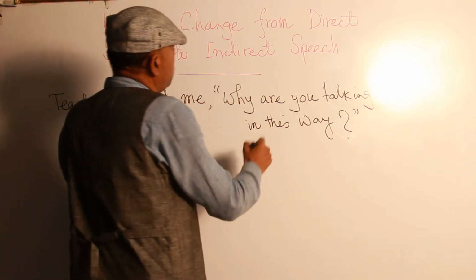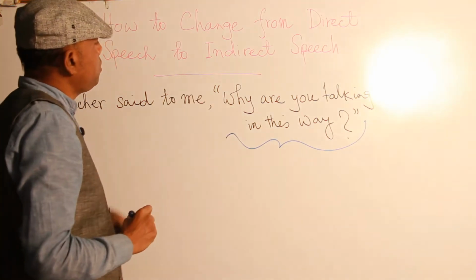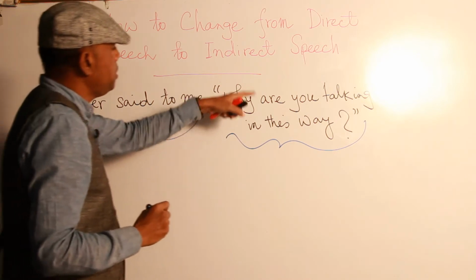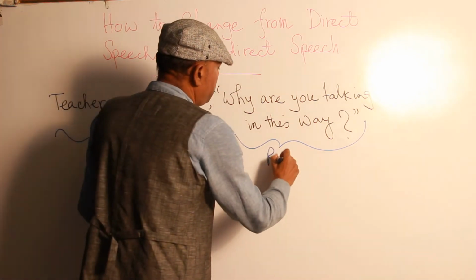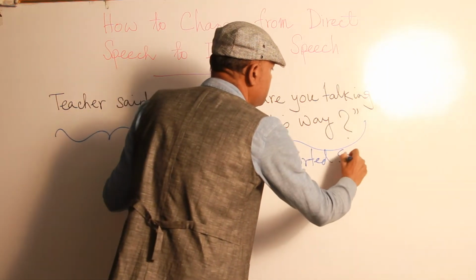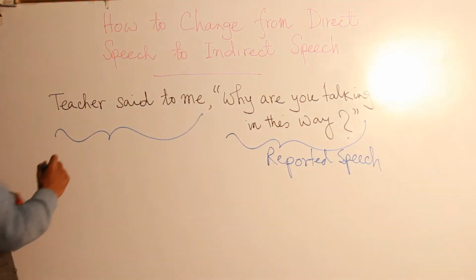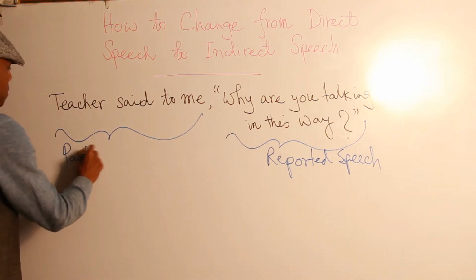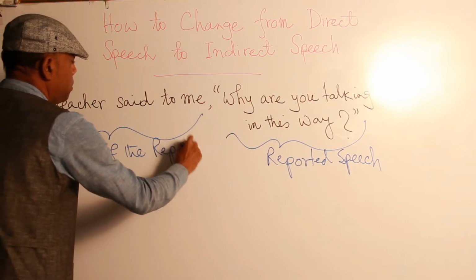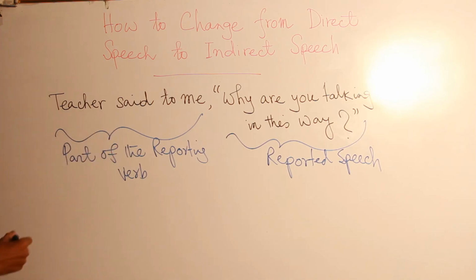One part is between the inverted commas, and the other part is outside the inverted commas. This part is called reported speech, and this part is called the reporting verb part.